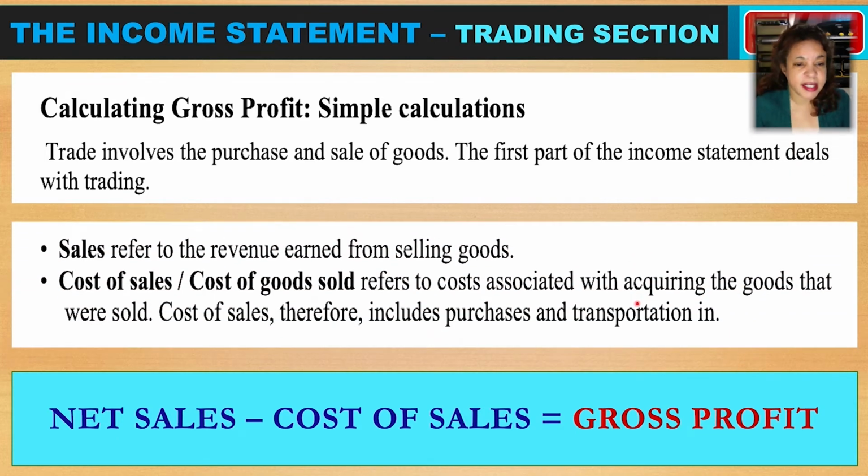So sales is the revenue earned from selling goods. And the cost of sales, or cost of goods sold as it was previously referred to, is the cost associated with acquiring or getting the goods that were sold. So basically this is the sales and the money you make from selling it.